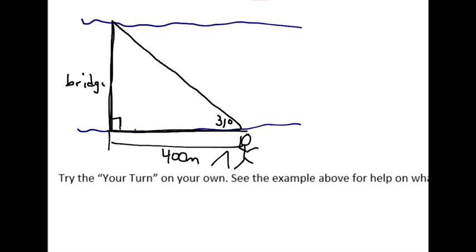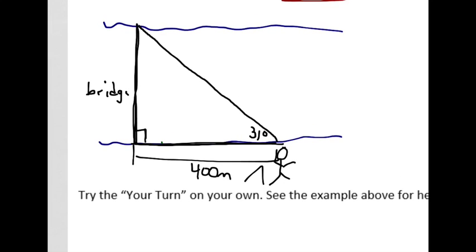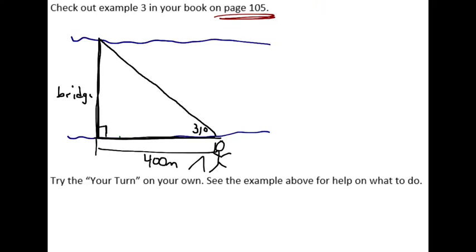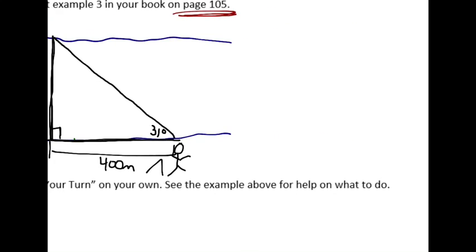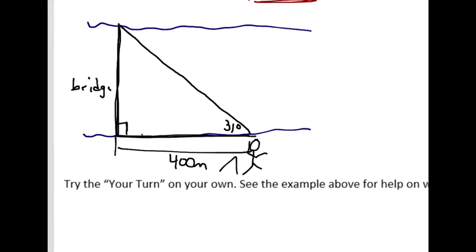Alright, so now that we've got all the information, let's find the width of the river. Okay, so let's figure out how long this bridge is. So let's use our tangent ratio. You'll notice that in relation to this 31-degree angle, we're looking for the bridge length, but we're given the side adjacent. We're looking for the opposite, but we're given the adjacent.